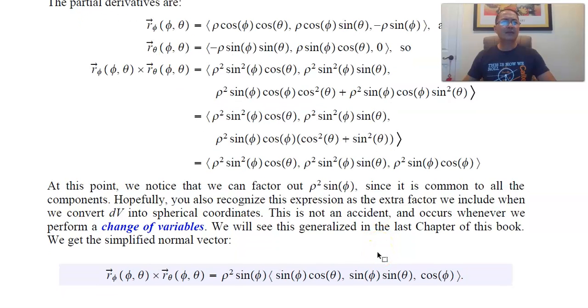Rho squared sine phi, where have I heard that before? That is the extra factor that we have to put in when we're doing triple integrals in spherical coordinates. It's not an accident that it shows up, because that is what we call the Jacobian of a change of variables. And we get this.